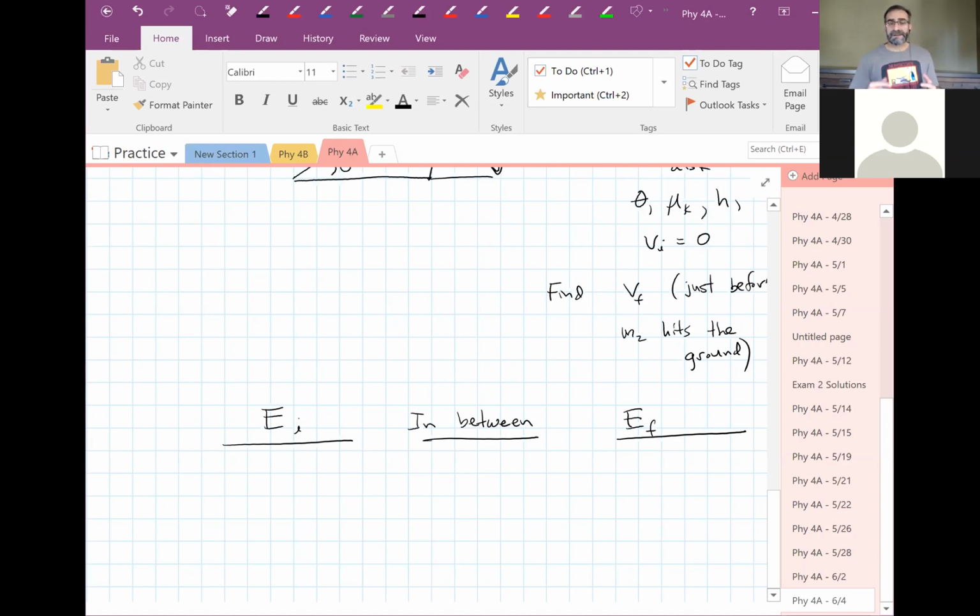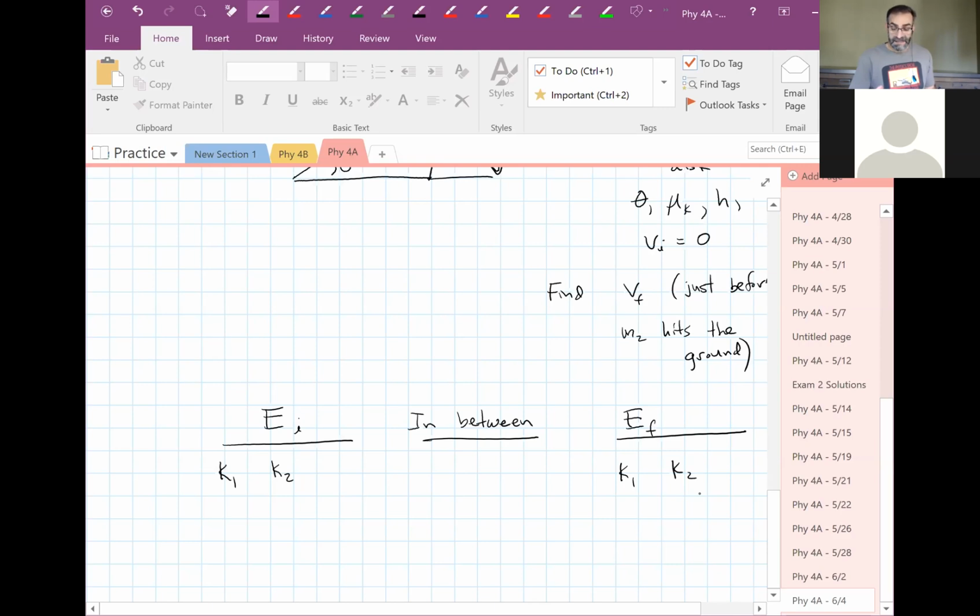Every mass in our system might possibly have kinetic energy and gravitational potential energy. So let's start filling that in. We've got block 1. Block 1 may have kinetic energy at the beginning and might have kinetic energy at the end. Block 2 might have kinetic energy at the beginning, might have kinetic energy at the end.